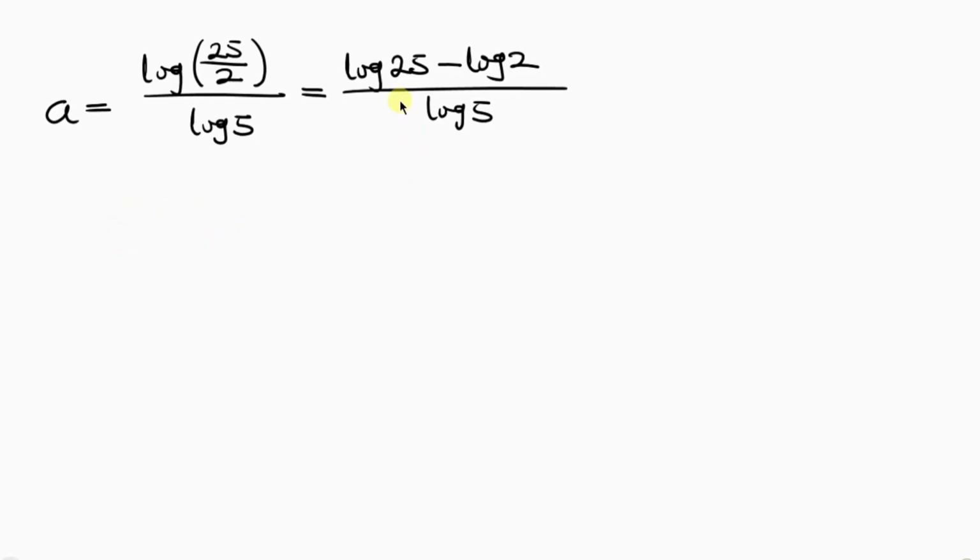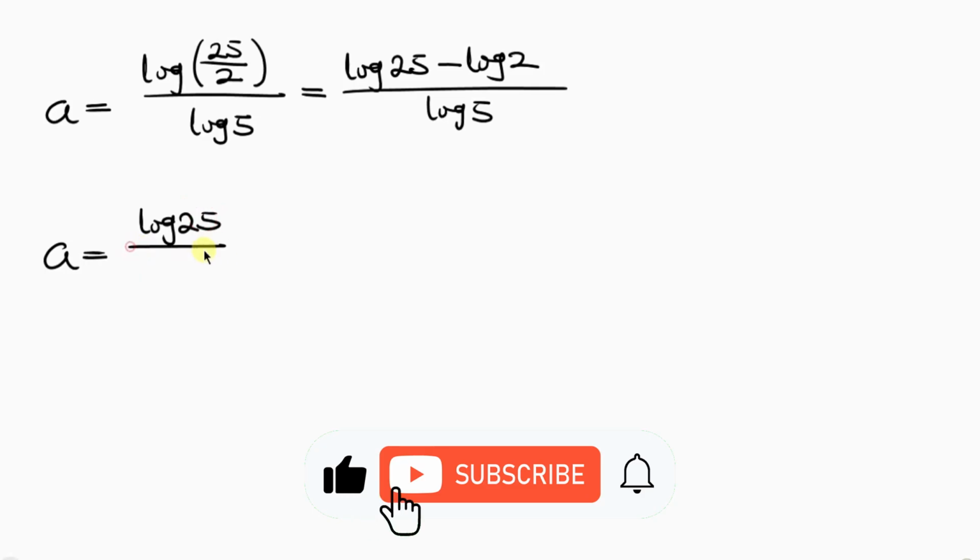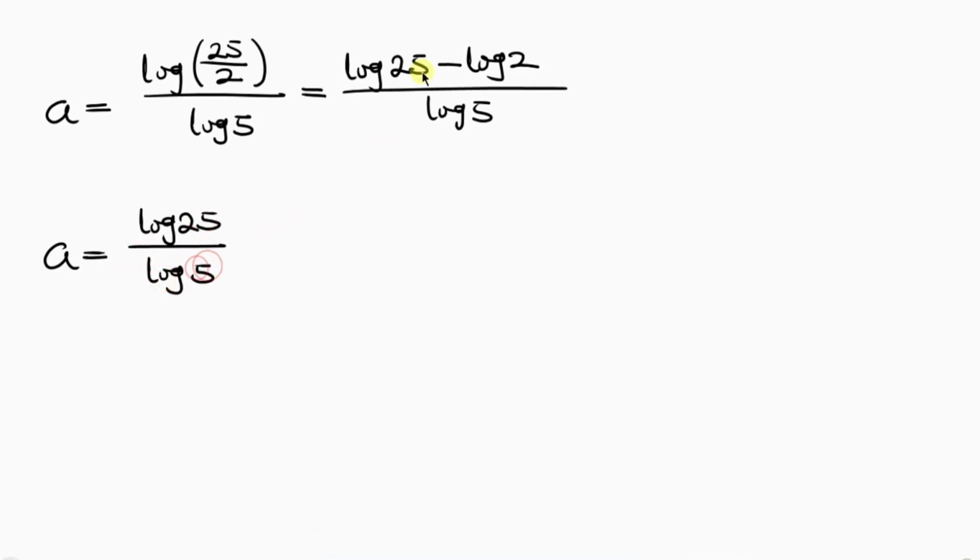Now our next step will be for us to separate the fraction. So we have a to be equal to the log of 25 divided by the common denominator, which is the log of 5, minus we have log 2 divided by the common denominator, log 5.